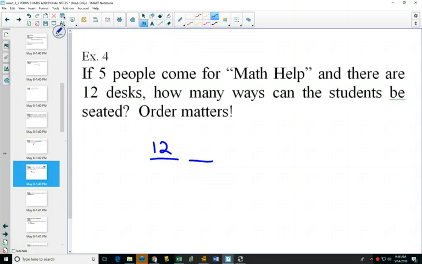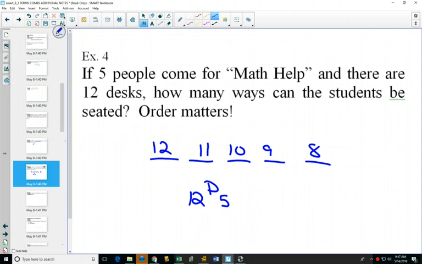How many choices do they have? Well, 11 now, because it gets very awkward if you come in for math help and sit on someone's lap. So yes, you only have 11 choices, and then the third person, fourth and fifth, 10, 9, 8. So this can be summarized as 12P5 because we're starting with the number 12 and there's 5 spaces, so we could figure that out.